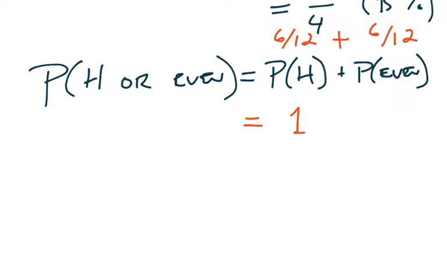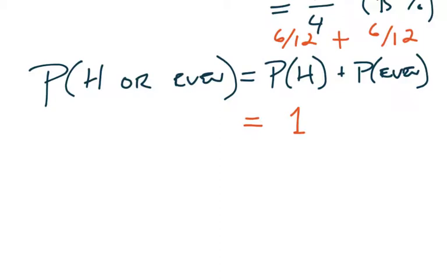So simply adding them together tells us that you will always have something that shows heads or an even number, because probability 1 means 100%, right? This is a 100% certainty that if you flip a coin and roll a die together, you will get a heads or an even. That's what just adding them together says.